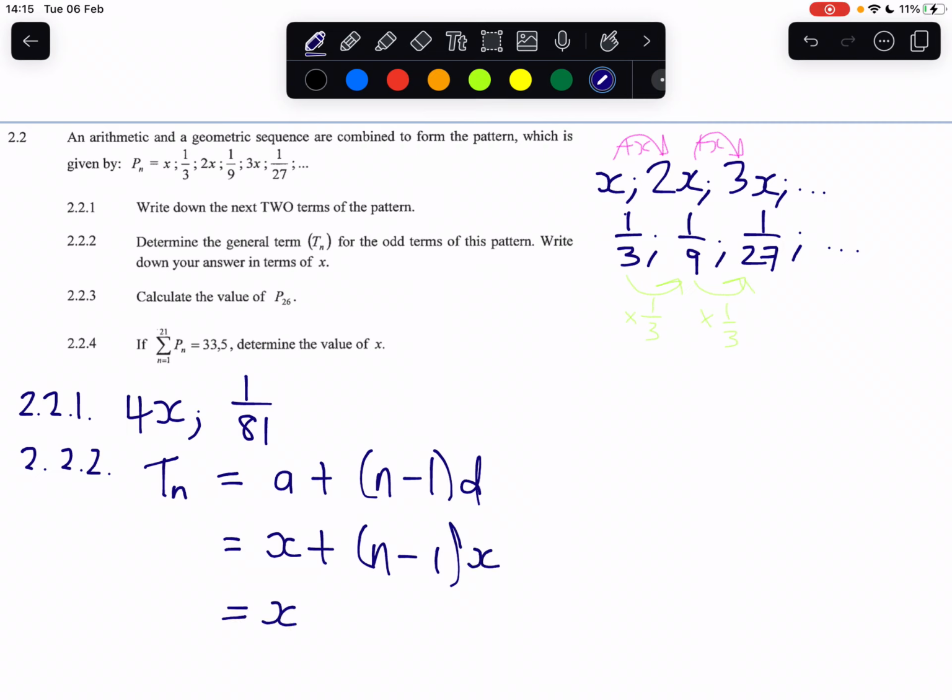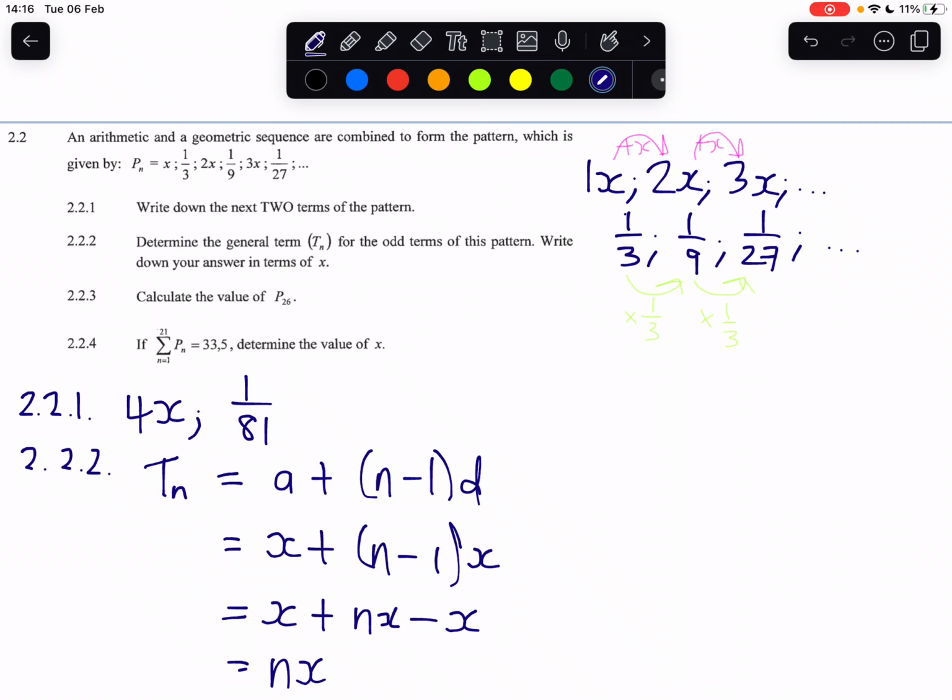So that's x plus nx minus x, which just ends up being nx. You don't even need the formula. You can see it visually: term 1 is 1x, term 2 is 2x, term 3 is 3x, term 4 is 4x. So Tn will be nx.